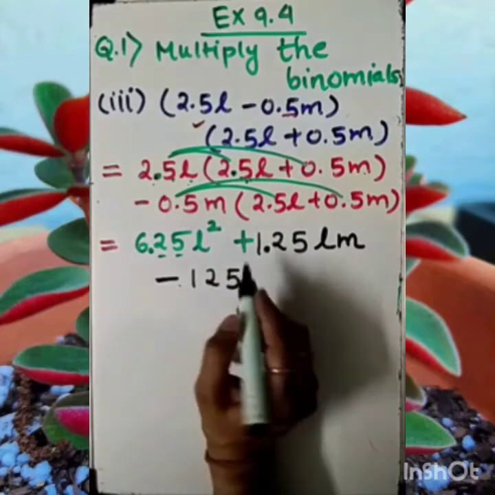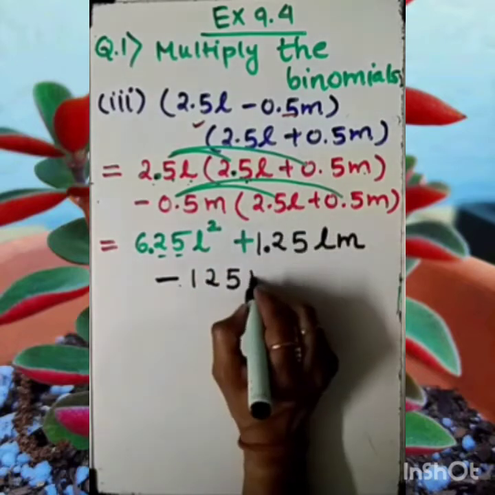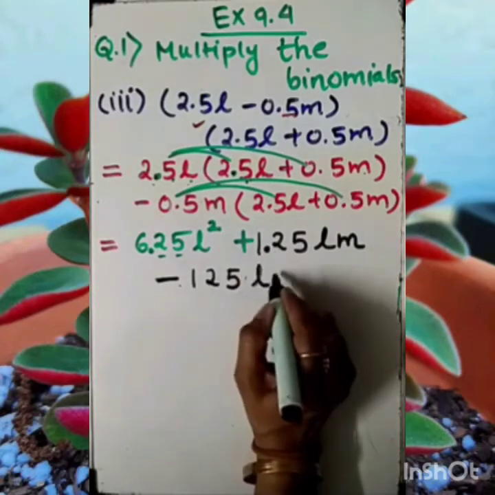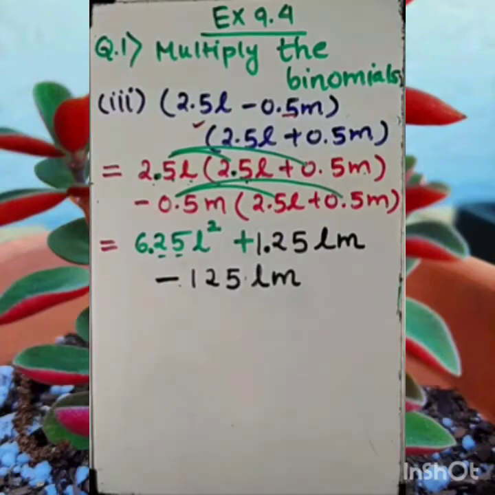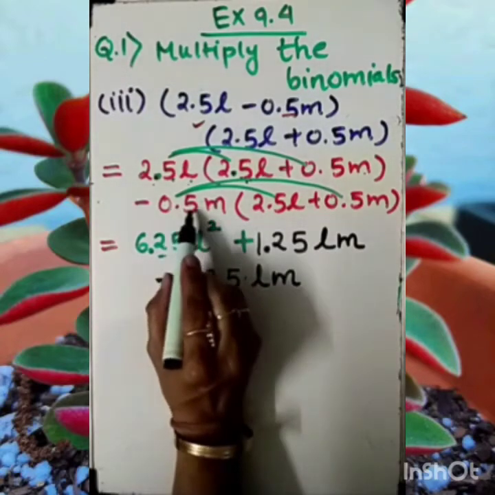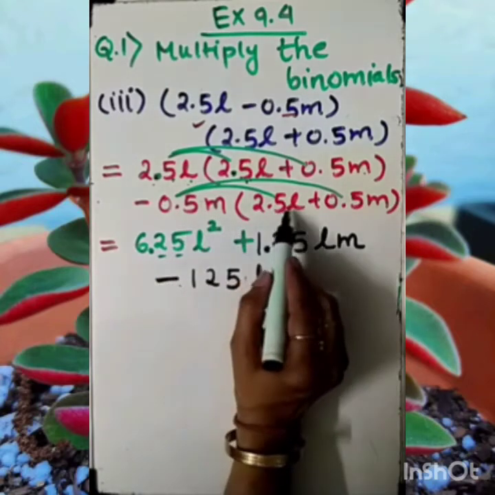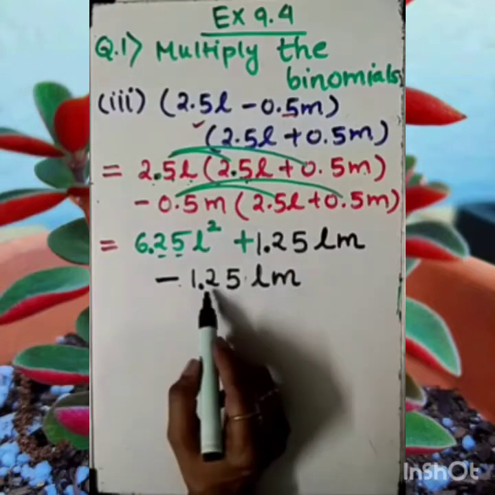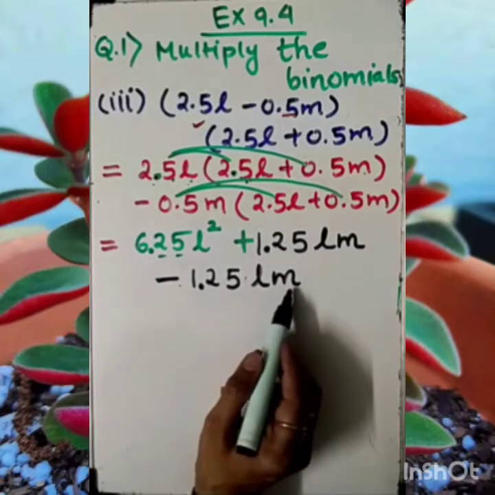Okay, and ML, it is LM or ML, same thing. When we multiply, there isn't any matter for the product. Okay, now as we know that after decimal one digit, so we need to shift two digits from the back side. So again it will be 1.25 LM.